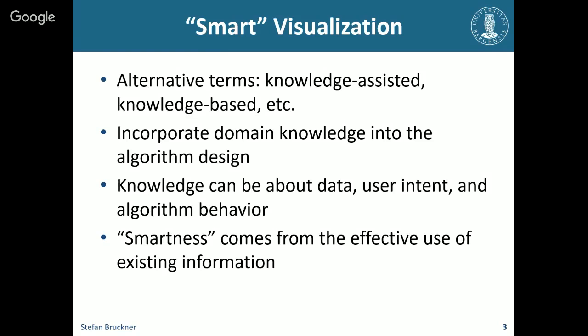We may have certain information about data semantics, or about features in the data, but it can also refer to knowledge about what the user wants to do in more general terms, and it can even be meta-knowledge about the algorithm that we are designing. So basically, we can also incorporate information about the algorithm's behavior into the algorithm itself. And the smartness simply comes from the effective use of this existing information.